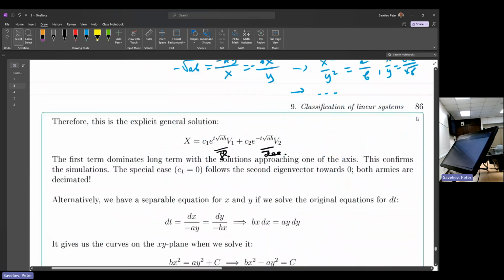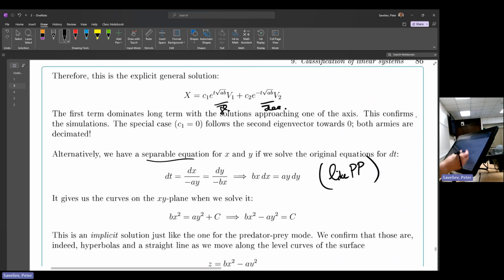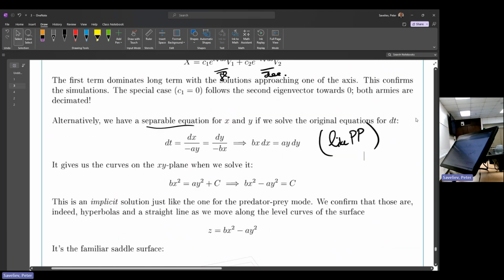The secondary approach is just to do separate equations, then you produce this same result in the manner that's analogous to how we did it with the predator-prey model. So you can actually solve it explicitly in a different manner.